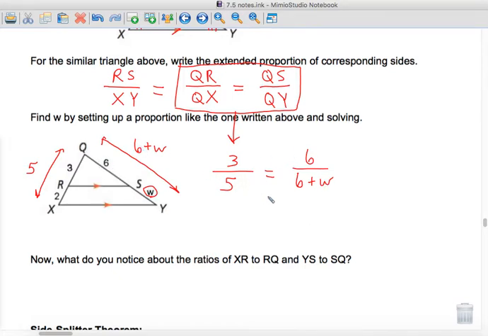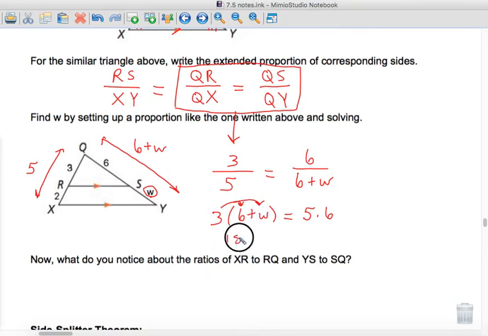Now we can cross multiply and solve for W. Notice, like we talked about in class, you can't cancel out these 6's because this is 6 plus W. If it was 6 times W, you would be able to cancel them out, but not when they're added together. So let's cross multiply. We get 3 times the quantity, in parentheses, 6 plus W, equals 5 times 6. We distribute this 3 now.